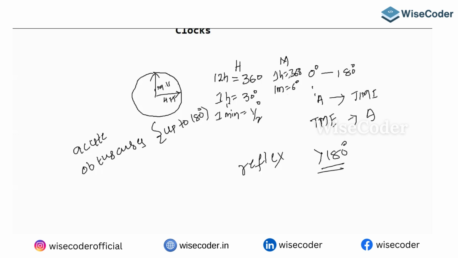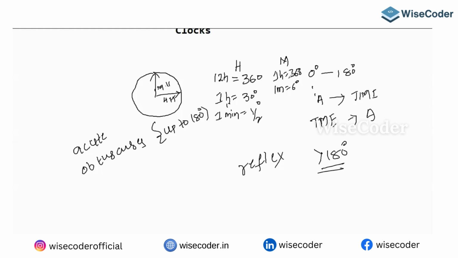Minute hand covers 360 degrees in 1 hour. Hence, minute hand covers 6 degrees per minute. Next, hour hand covers 360 degrees in 12 hours.